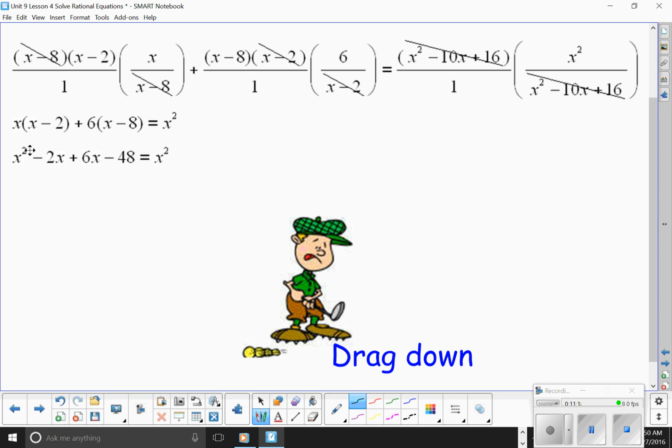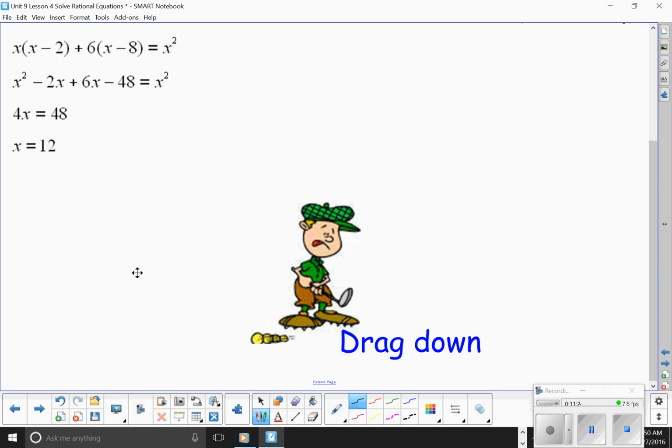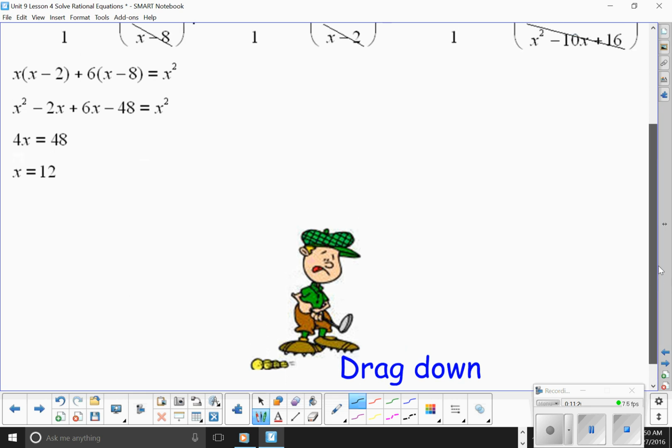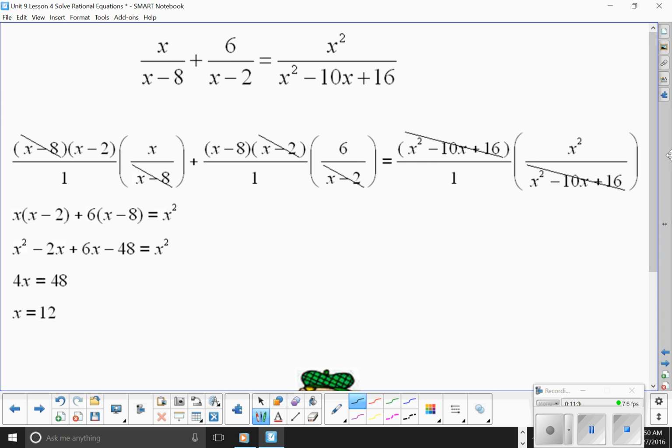Oh, look, x squared and x squared. I'm not going to have a quadratic. I'm just going to have 4x equals 48 and x equals 12. It actually winds up not being as bad as it appeared at first. Don't forget that x cannot equal 8, x cannot equal 2. 12 is not 8 or 2, so you're good to roll.